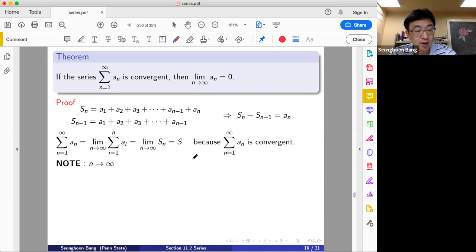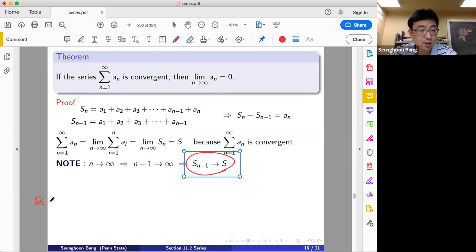Next, as n is approaching infinity, n minus 1 is also going to infinity, so S sub n minus 1 is also going to S. Does it make sense? One example is like this. What do you think? Take an to be 1 over n. What's the limit? As n is going to infinity, the 1 over n is, what is your answer?